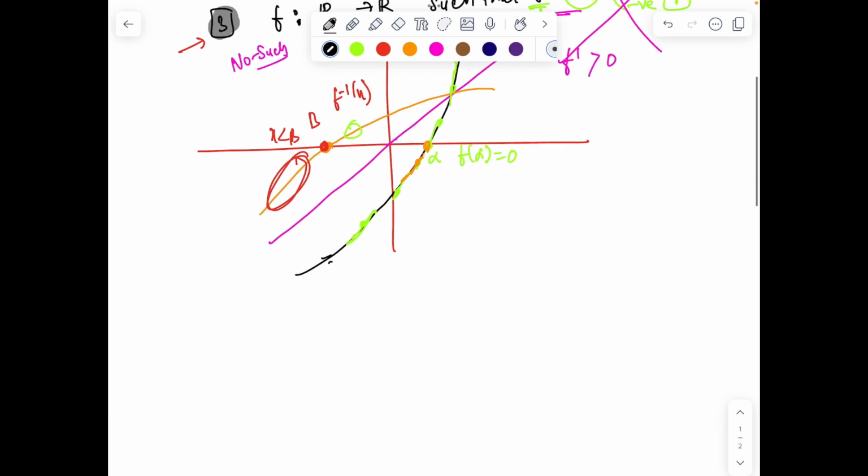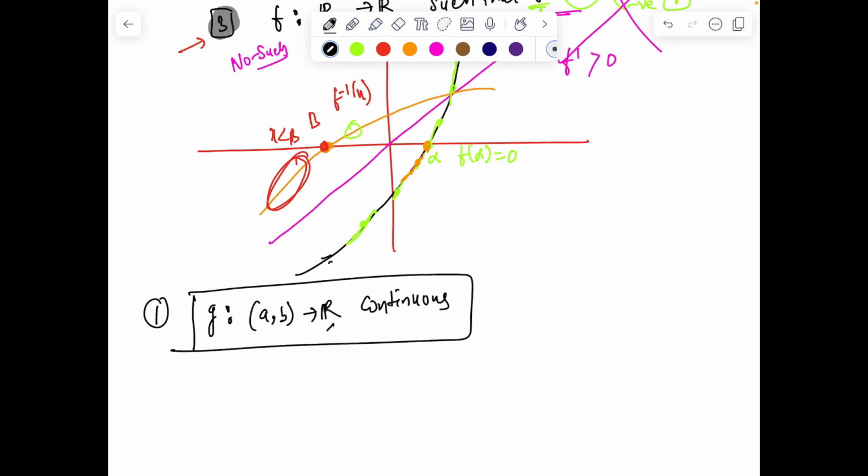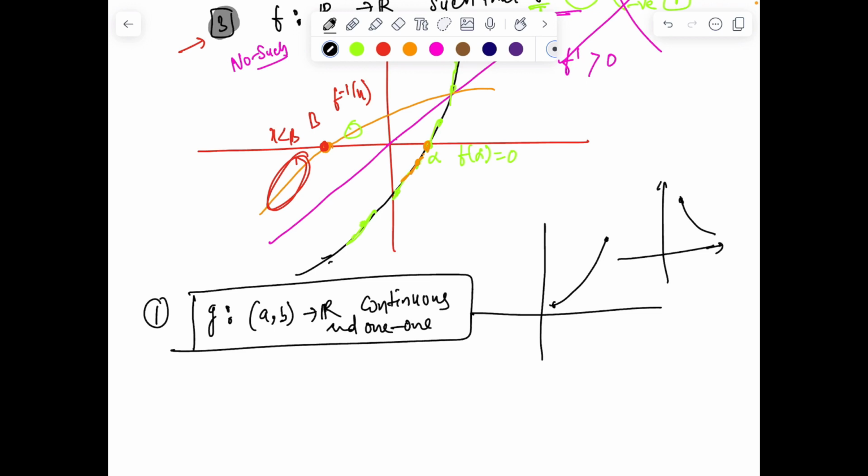And it can be shown very easily: suppose g is a function going from [a,b] to R, and if it is continuous and 1-1, then g is definitely either strictly increasing or strictly decreasing. It's a well established fact that g of x is either continuously increasing or continuously decreasing in that interval, meaning it will be monotonic.